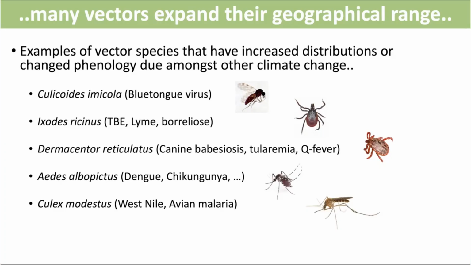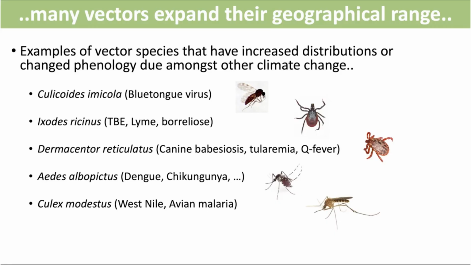Many vectors are indeed expanding their geographical range. And here you can see some examples of vector species that have increased distributions or changed their phenology, which means potentially having a longer transmission season due to, amongst other things, increases in global temperature.